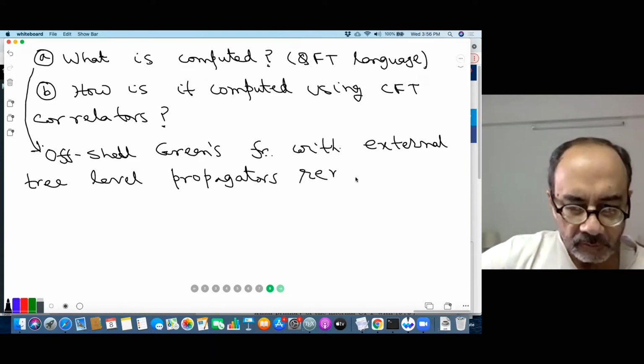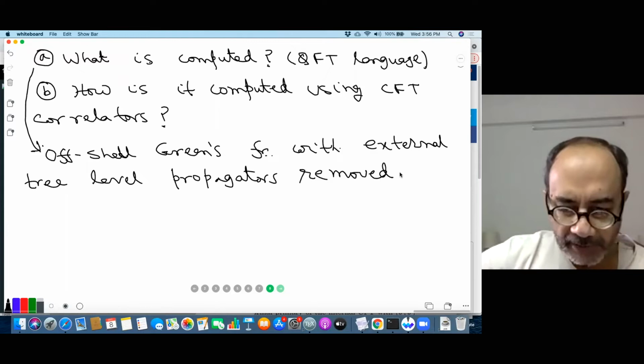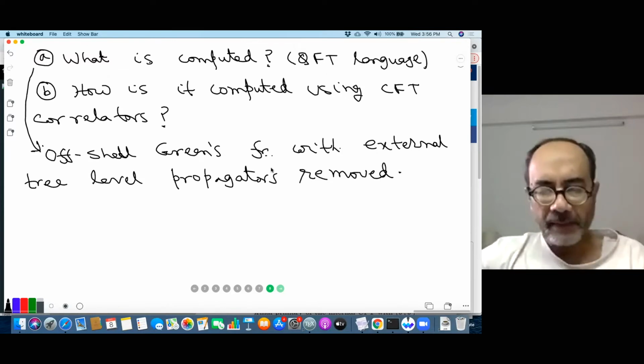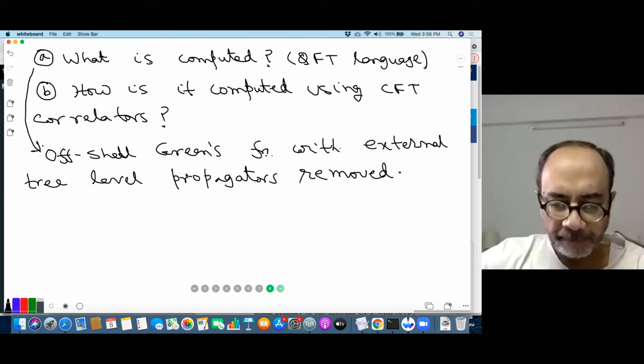So this is not quite the amputated amplitude that you are familiar with in QFT. Okay, so that in terms of Feynman diagrams, I'll explain what it is, what is being computed.